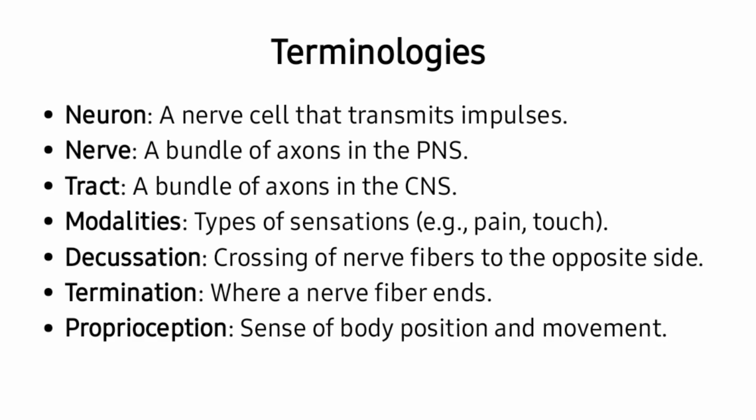A tract, or tracts. So in the spinal cord, we have axons that run up, ascending. We call them tracts because they are bundles of axons that are moving up, carrying different types of information.